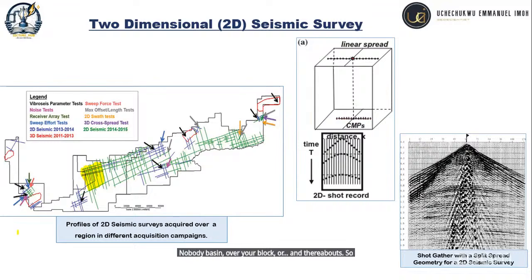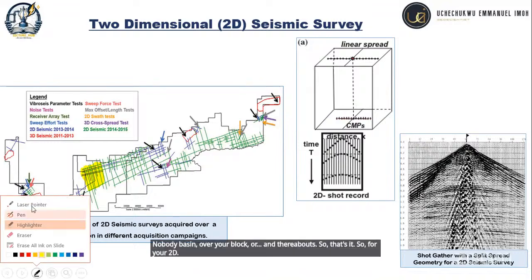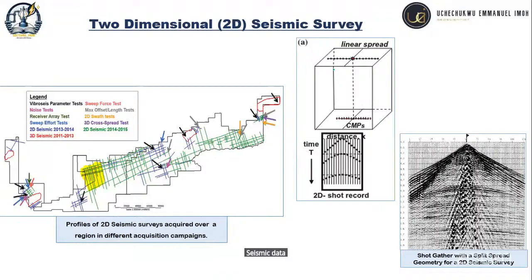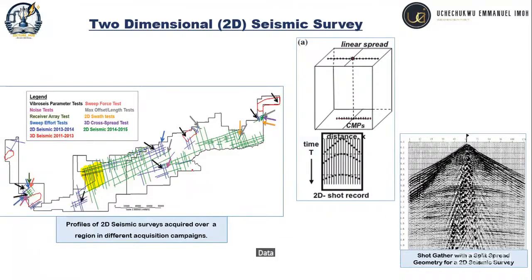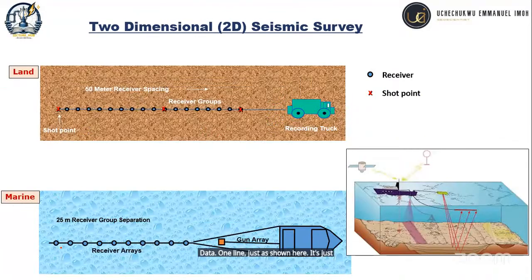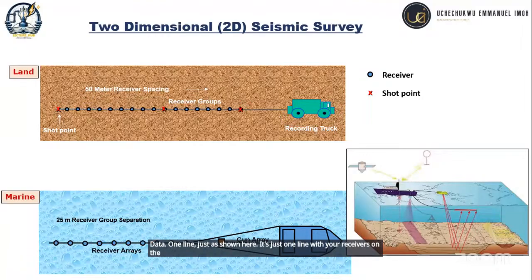So for your 2D seismic data, remember it's a straight line, one line of data, just as shown here, with your receivers on the straight line and your source on the same line, as explained.